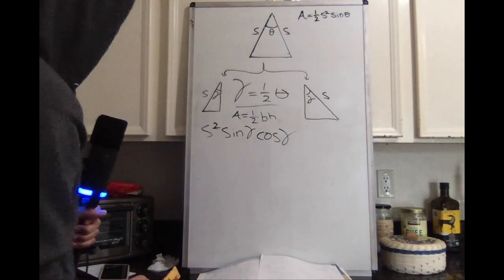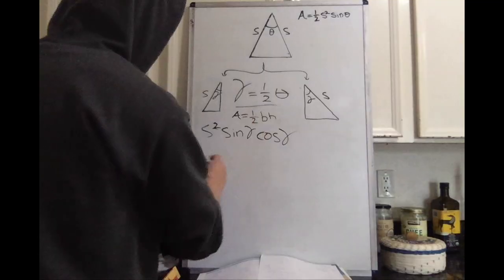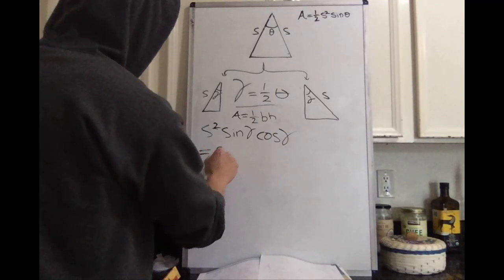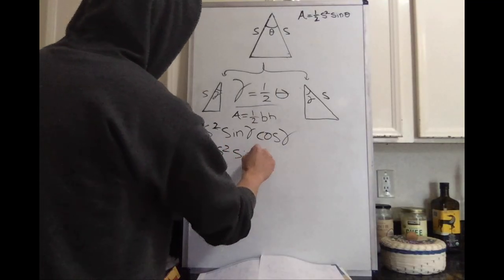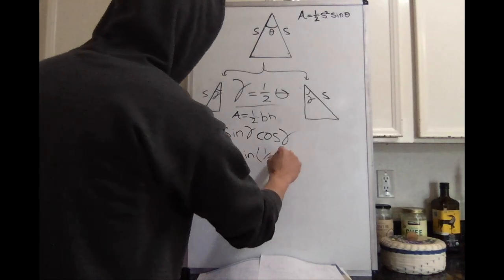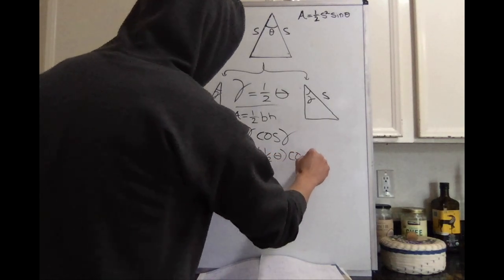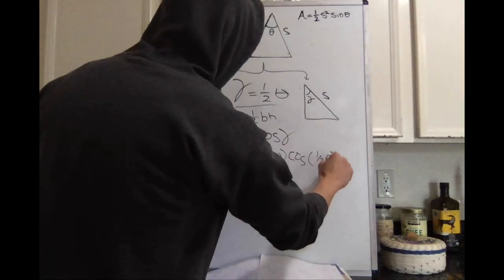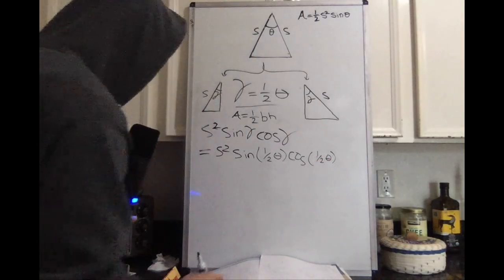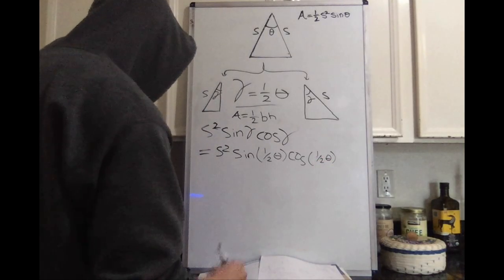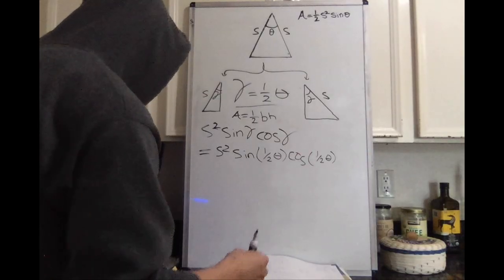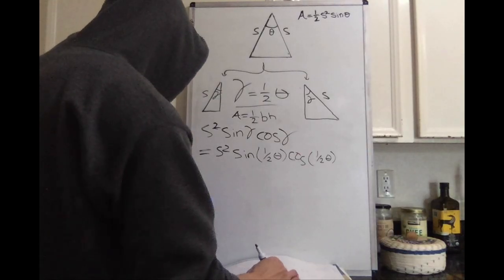Then I said gamma is 1/2 times theta, so s squared sine of 1/2 theta times the cosine of 1/2 theta. We can use a trig identity within the category of product to sum formulas.